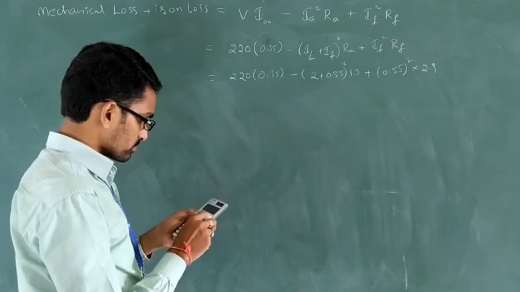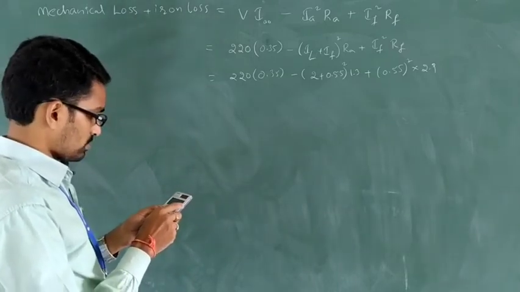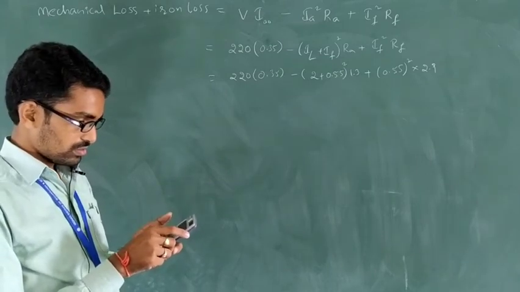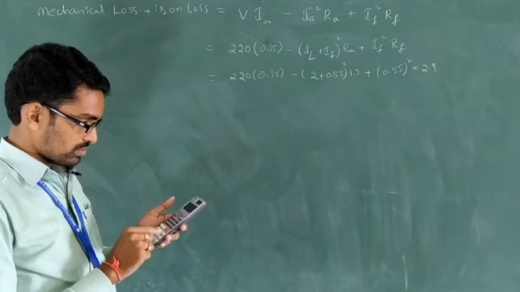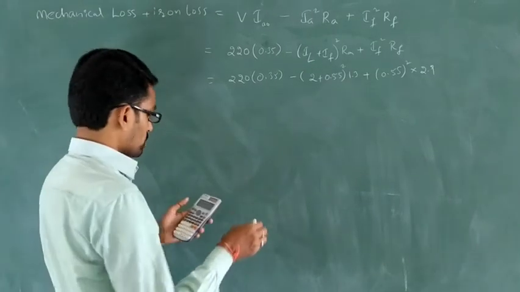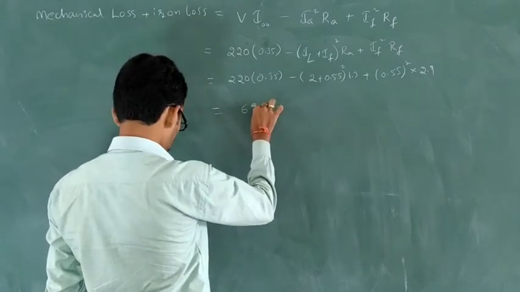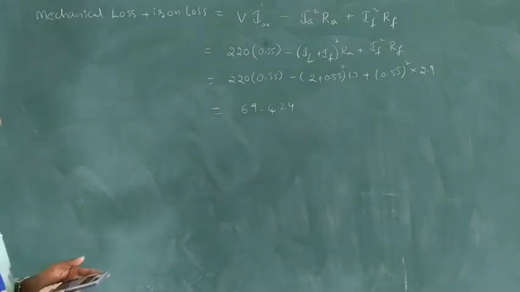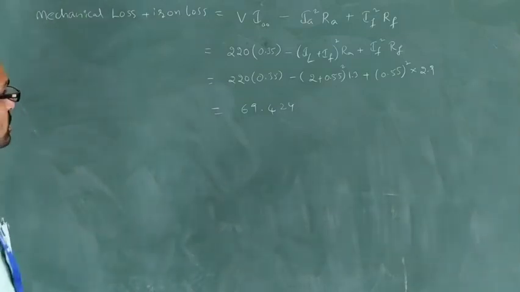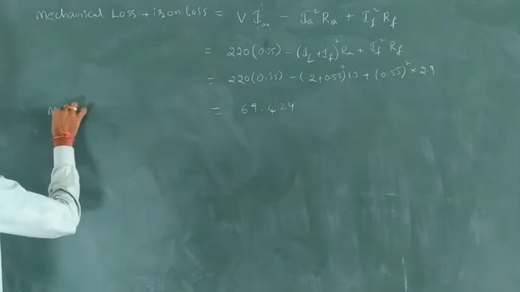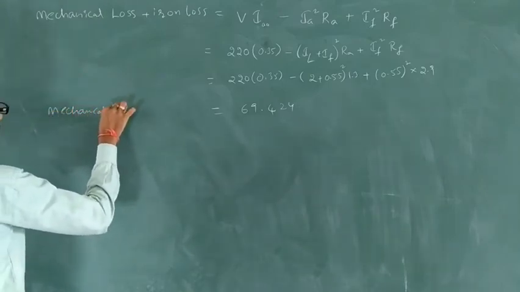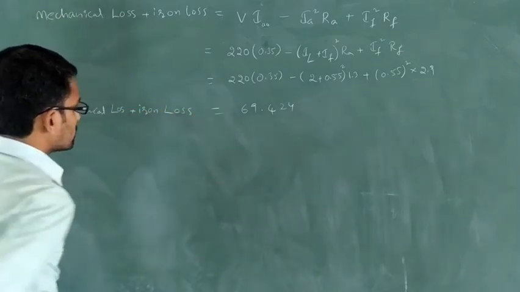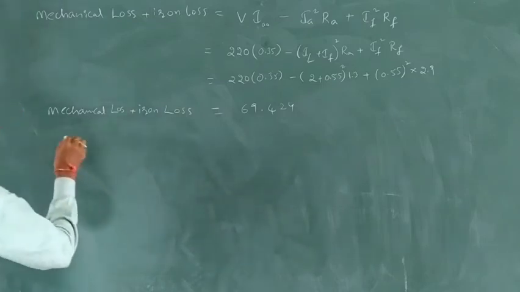Here you are going to get 69.424. Then I am substituting this mechanical loss plus iron loss in that equation, that is the constant loss.